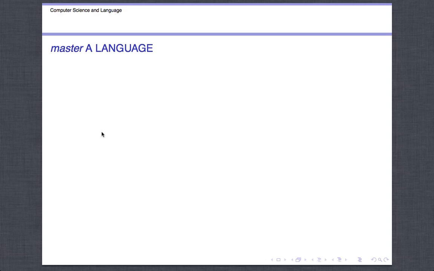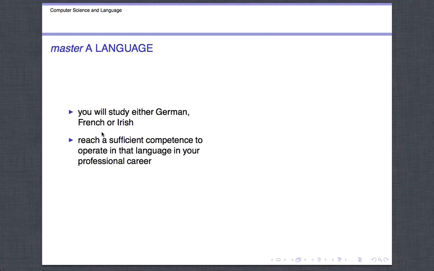Okay, so that's a few words about what we're aiming to do on the computer science side of things. Also, you will be mastering a language, either German, French or Irish. Those courses will be provided by the relevant language departments in Trinity College. They will be putting you through your paces on those languages, aiming to get you to a high enough level that you could professionally use the competence you've acquired.